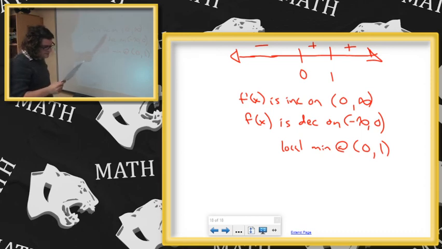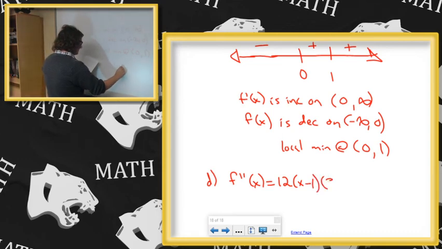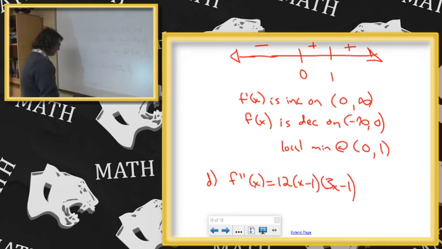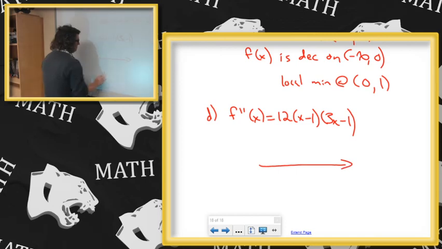Determine the intervals on which f is concave up or concave down. So we have the second derivative as well. So second derivative, this is part D, is 12x times (x minus 1)(3x minus 1). So what we have here is that we do the number line thing again, positive 1, and then 1/3 for that other one.